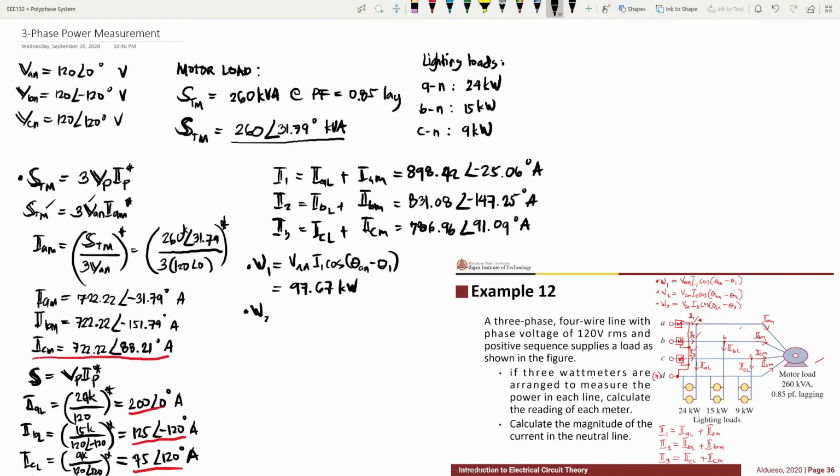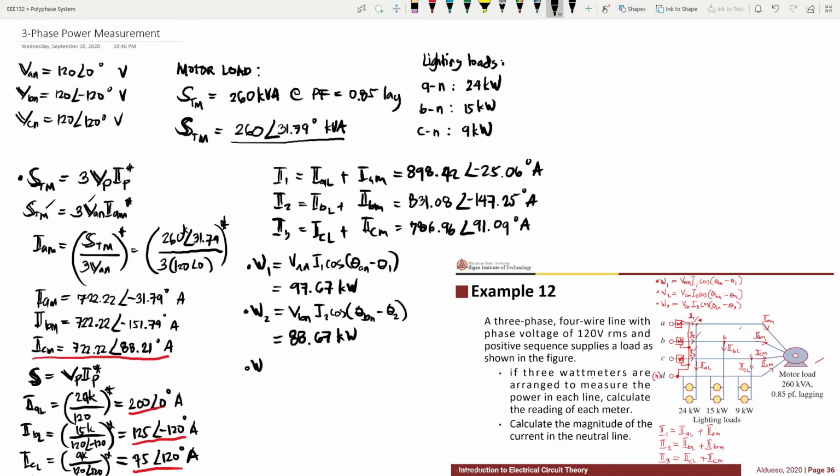For wattmeter 2, the VBN, I2, cosine of theta of VBN minus theta of I2. We have 88.67 kilowatts.